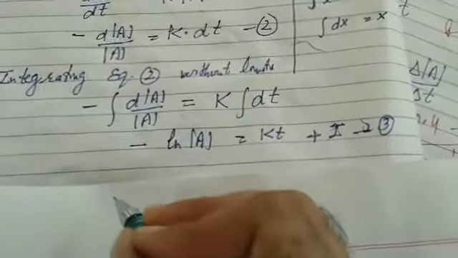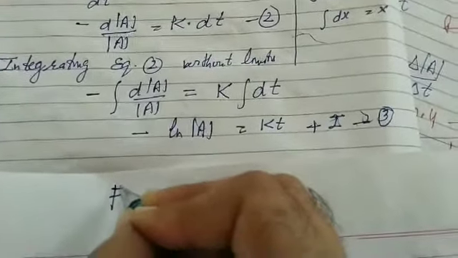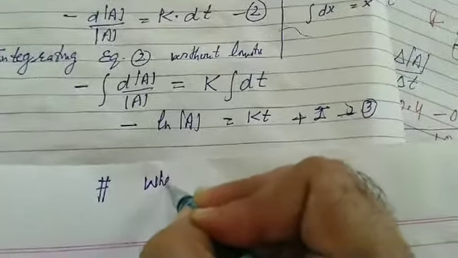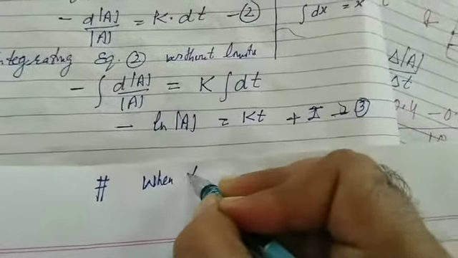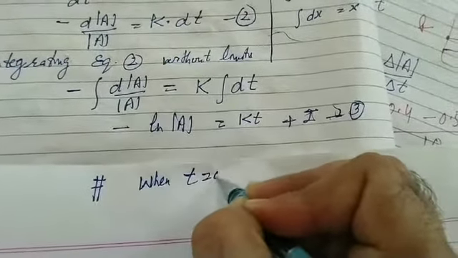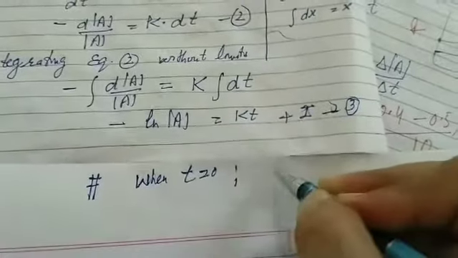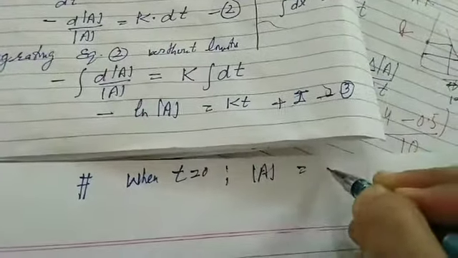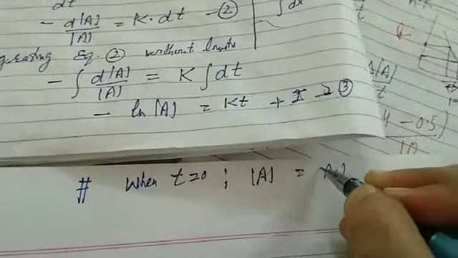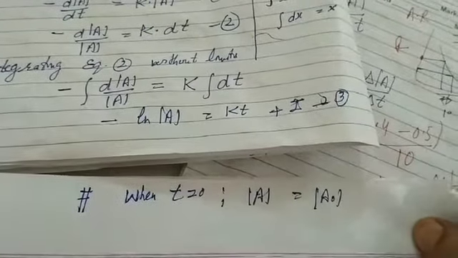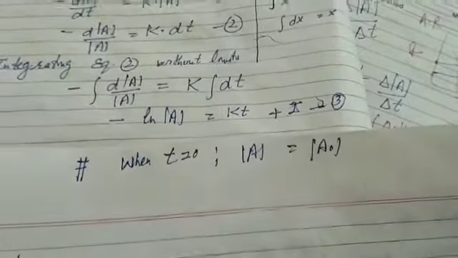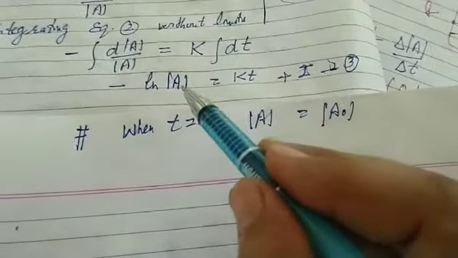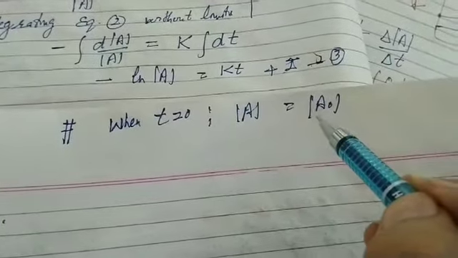Now students, we will apply some conditions in equation 3. When time t is equal to 0, it means reaction is not in process. So we assume concentration of A is equal to A naught. When reaction is not in process, we apply these conditions: time t is equal to 0, concentration of A is equal to A naught.